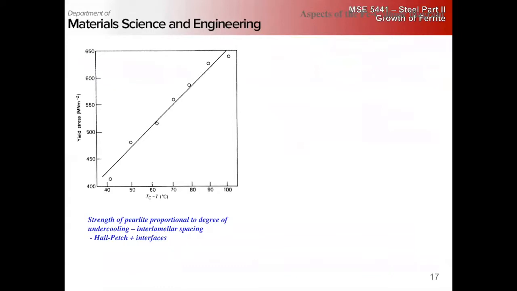So, some basic properties. Here we have yield stress versus undercooling. Right? So as our undercooling goes up, our yield stress increases. Right? So how do we make physical sense of that?